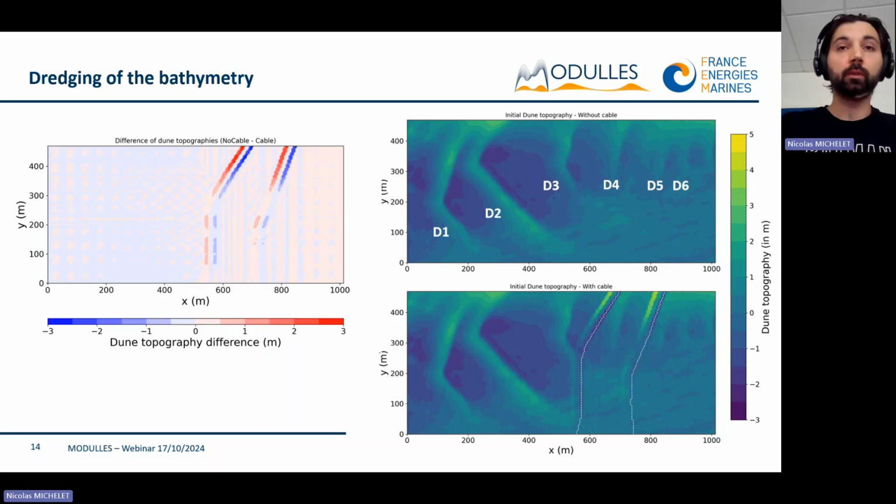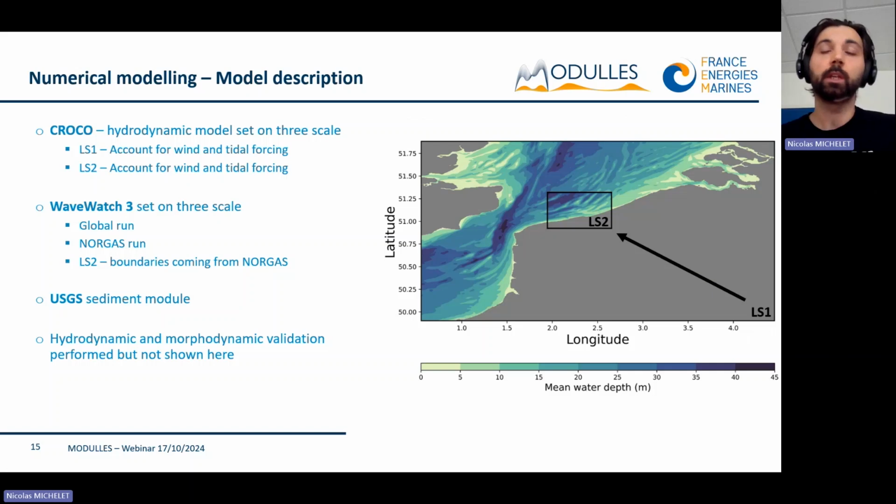But what happens when we do that in our marine dunes? I will not describe the whole numerical model, but just to let you know that the modeling was performed using the Croco hydrodynamic model, coupled with the USGS sediment module for the sediment transport.